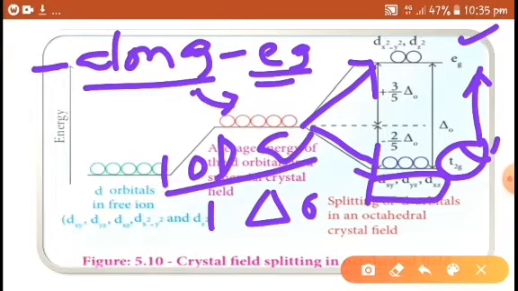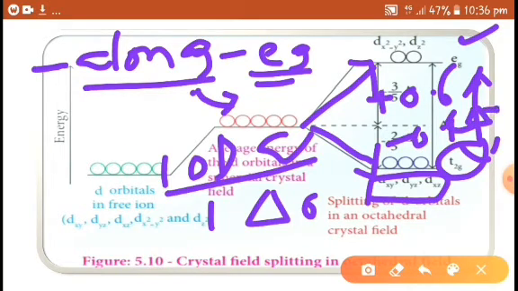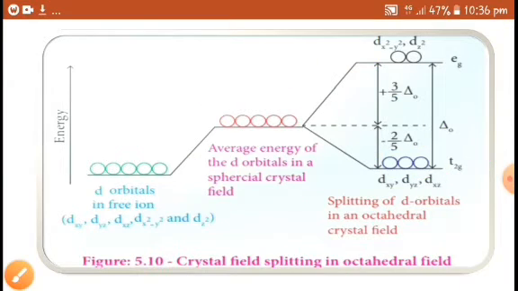The Eg orbitals' energy will be increased by 0.6 delta O, and the T2g orbitals' energy will be decreased by 0.4 delta O. Minus indicates lowering of energy, plus indicates increasing of energy. This is about d orbital splitting in octahedral complexes. It is a very important concept in coordination compounds.